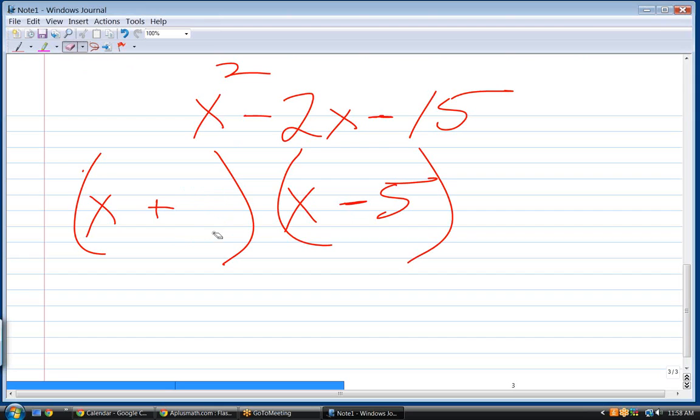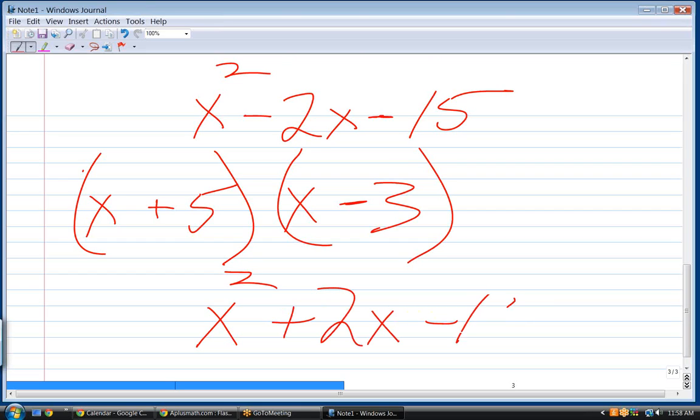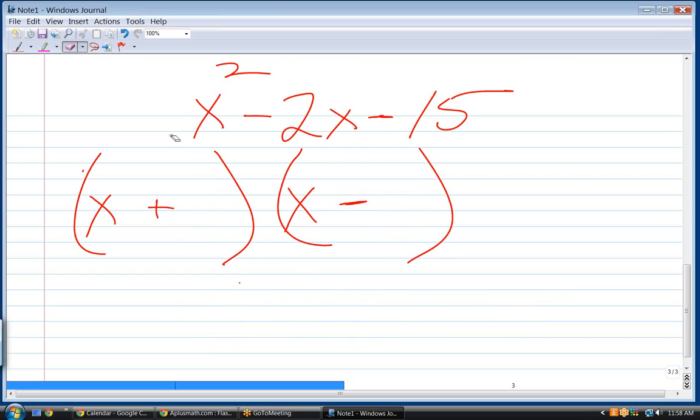If I put the 5 over there, in other words, if I switch them up and I multiply these two together, I'm going to get this, not what I started with. So that fourth step is a critical step in that you put the number with the proper sign. And the bigger number always goes with the sign of that term.